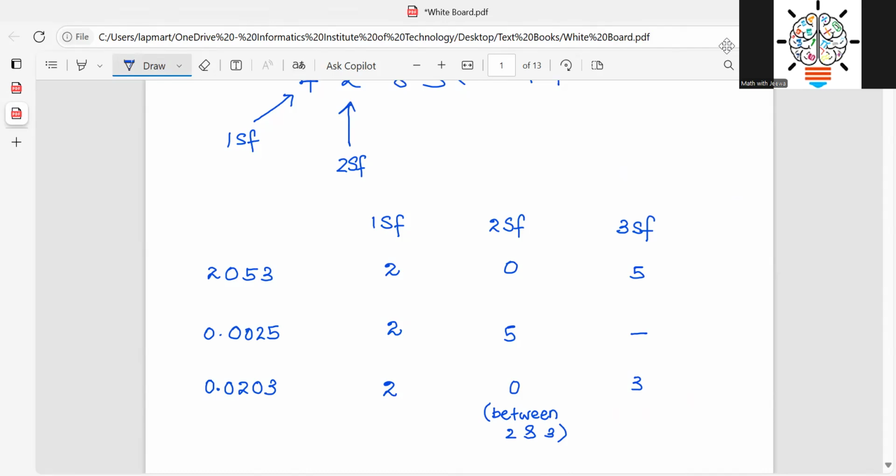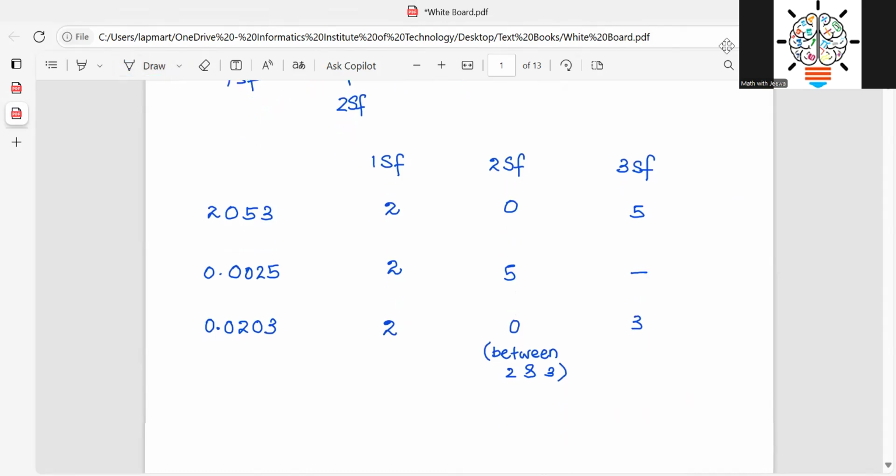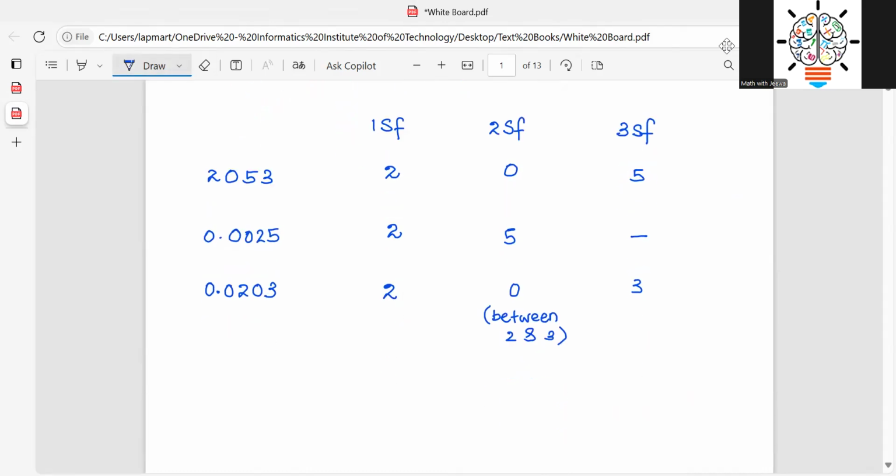Now, you can understand, children, any number of zeros you have in the front, we don't care. We should come across a number between 1 and 9 as the first significant figure. After that, if you come across zeros, those will be significant figures. For an example, let's say 0.4005. I'll take another number, otherwise you might think that the first significant figure is always 2. So here it is 4.